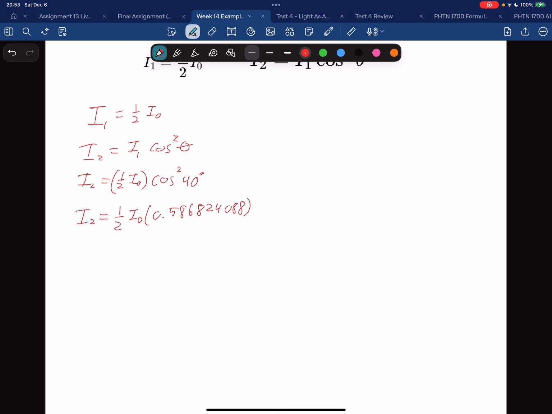All right. And I will deal with that shortly. So this is the amount of light coming through the second polarizer.